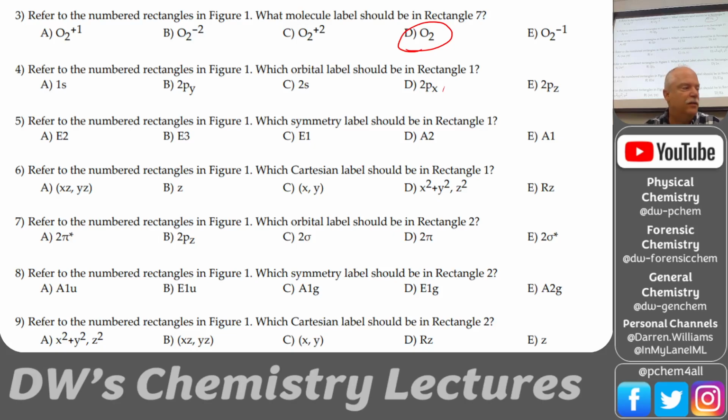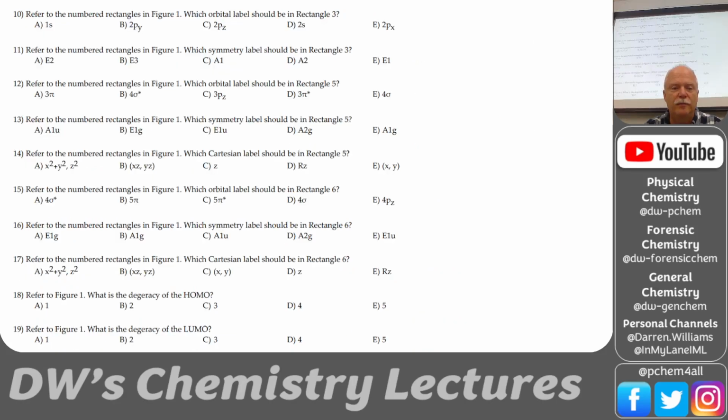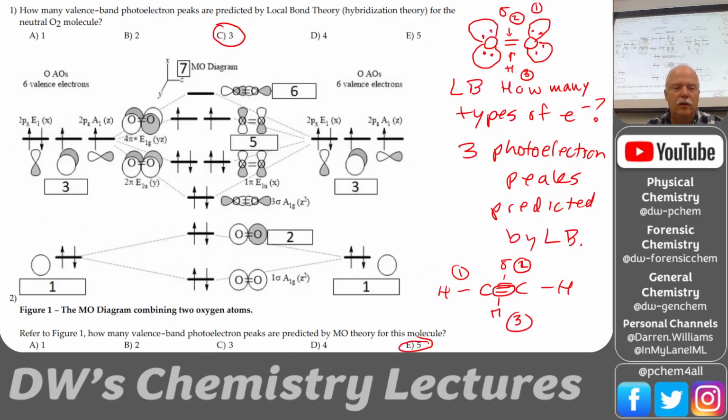Refer to the number of rectangles in figure 1, which orbital label should be in rectangle 1? So what is this thing? What would we label this? Yeah, the 2s. Why is it not the 1s?